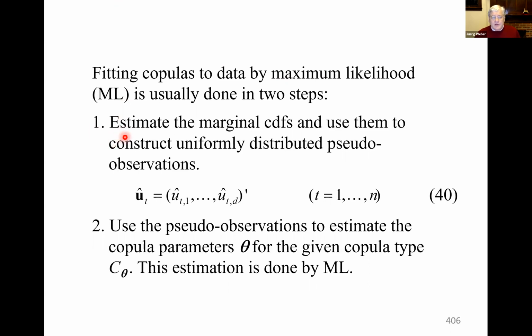What you do first, you estimate the marginal CDFs and use them to construct uniformly distributed pseudo observations. You must get those U's. They are uniformly distributed. So you get this vector of uniformly distributed pseudo observations, which you need as inputs in the copula.